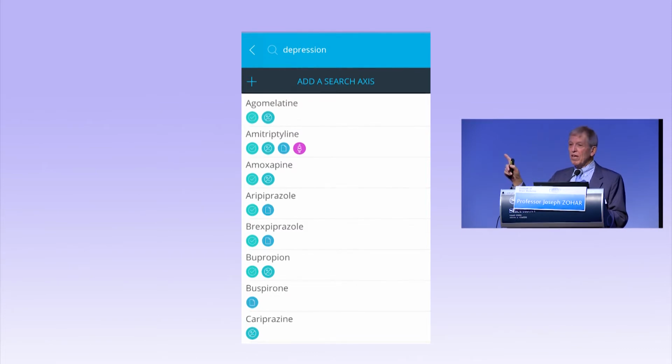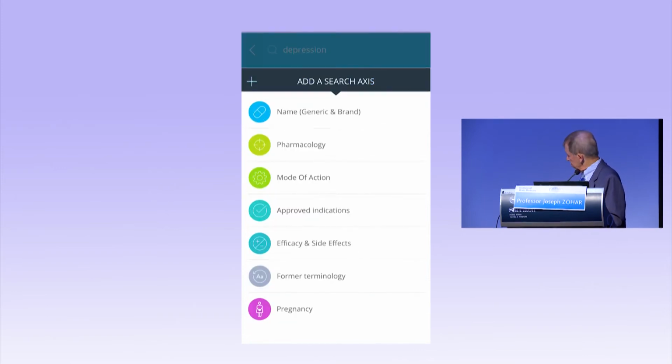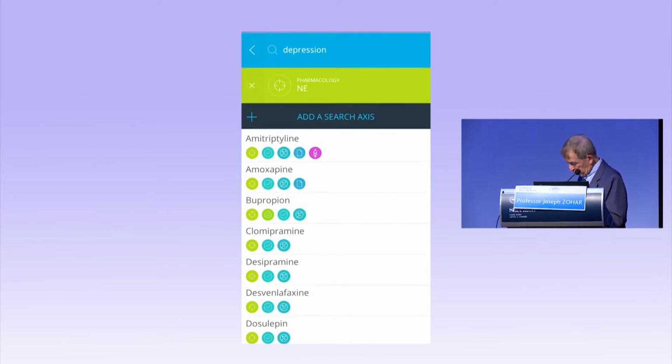So what we'd like to do now is to see if we can give him noradrenergic medication. So what we are doing, we are pushing on add search axis. So we push there, and then we push on pharmacology, and we push on norepinephrine. So now what we are getting is medication that works for depression via the noradrenergic system. But as you remember, the patient also complained about sleep.